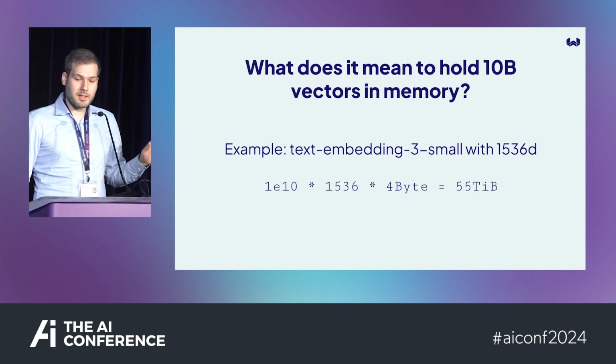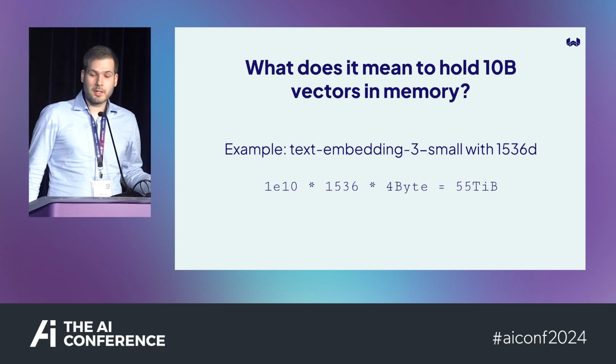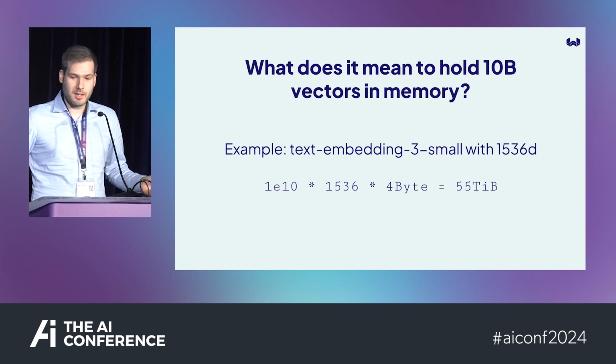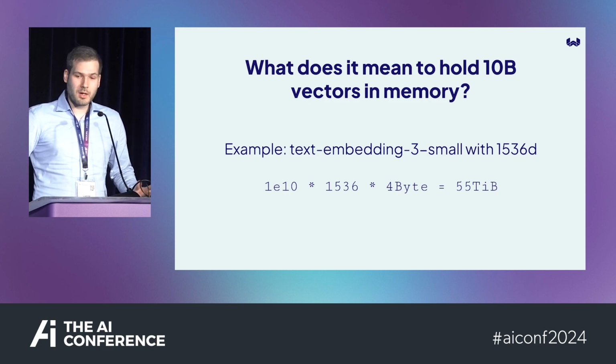If we take 10 billion vector embeddings times 1536, and these values are 4 bytes large, we end up at 55 terabytes, which is a lot. And this is ignoring high availability and replication. You probably want to run different copies of it. So this is just doing it once, nothing else: 55 terabytes in memory, which is not a small machine or a small cluster.